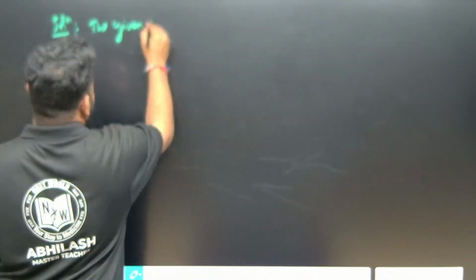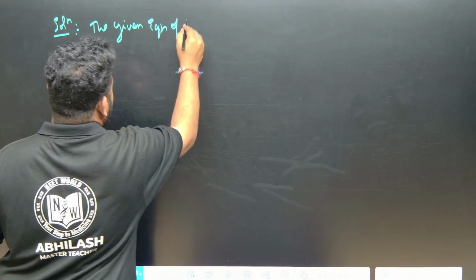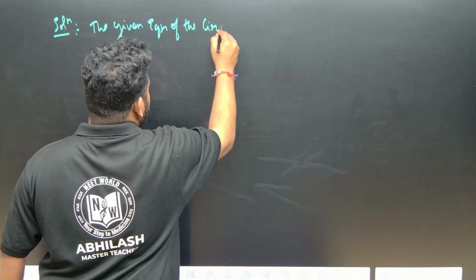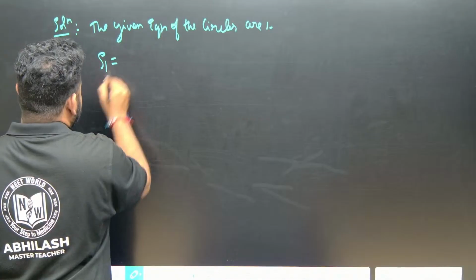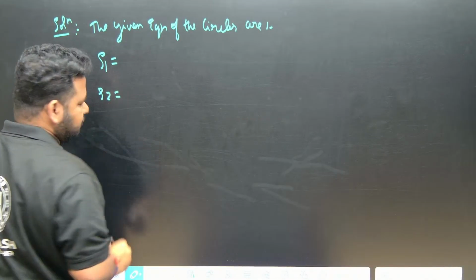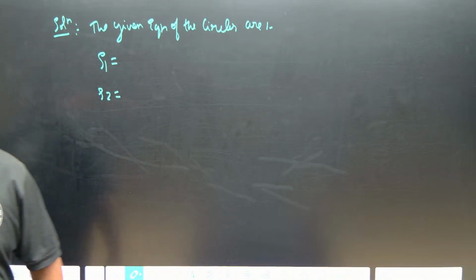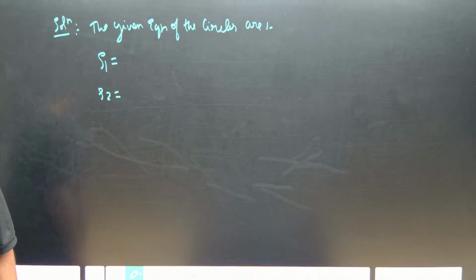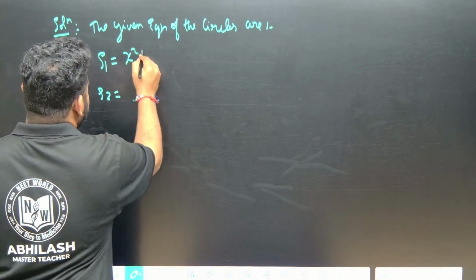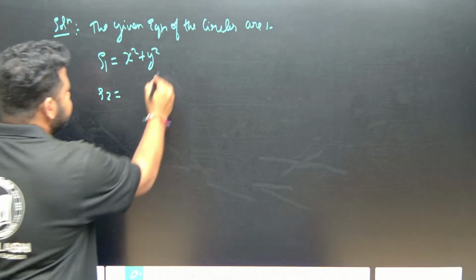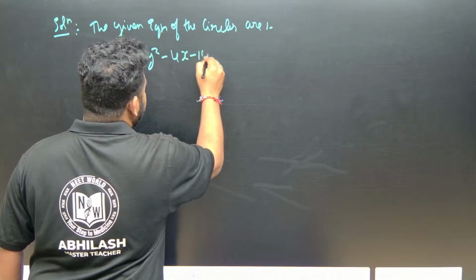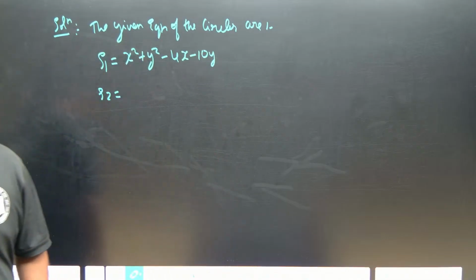The given equations of the circles are: S1 is equal to x square plus y square minus 4x minus 10y plus 28 is equal to 0.